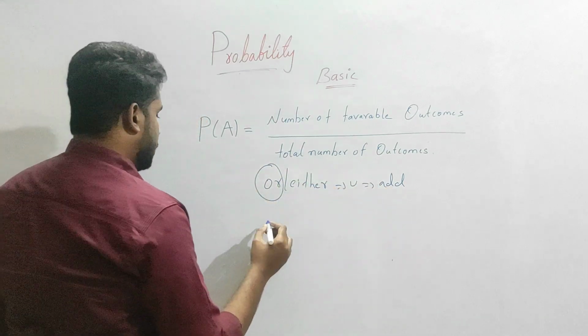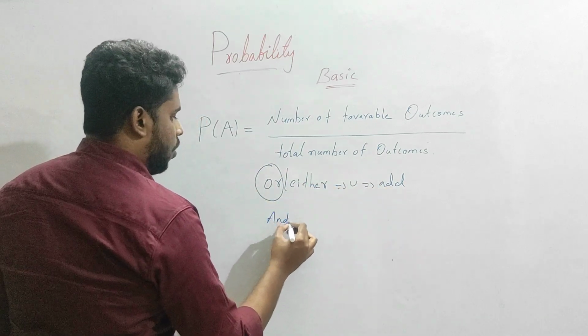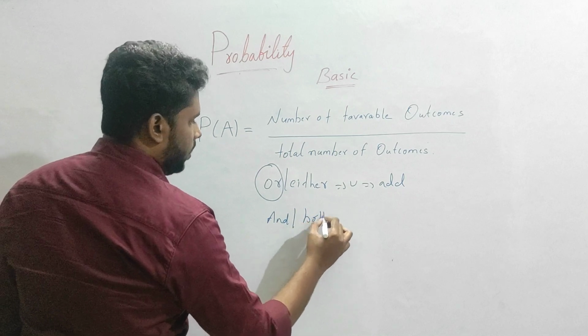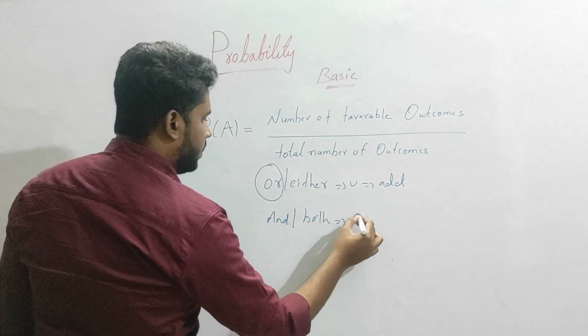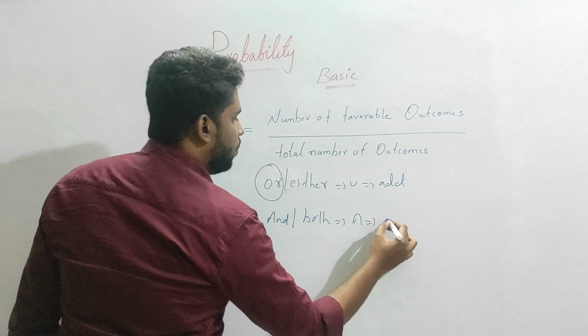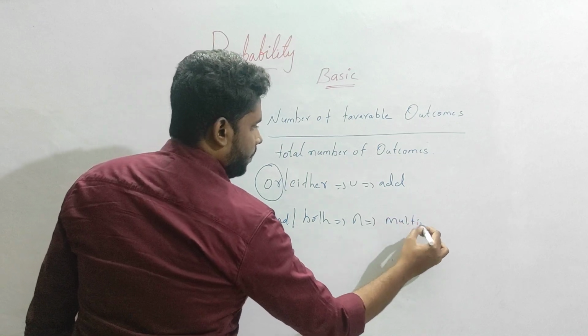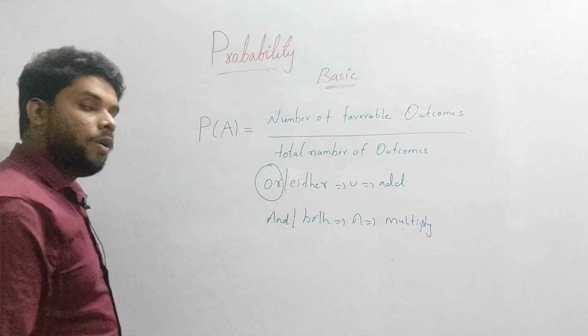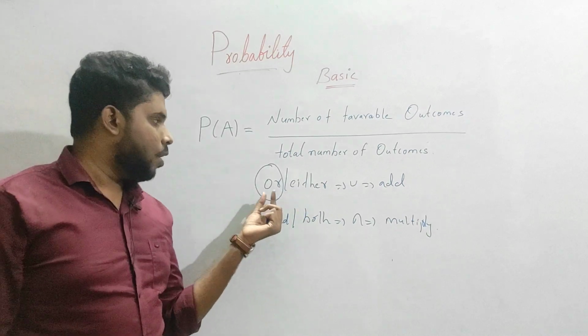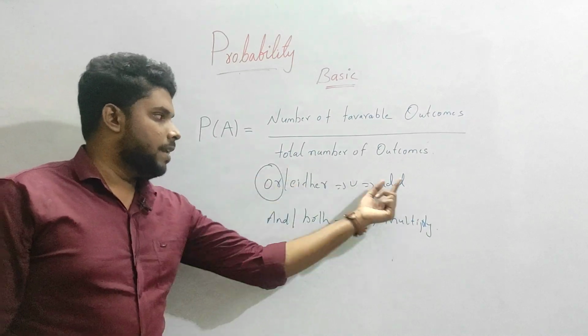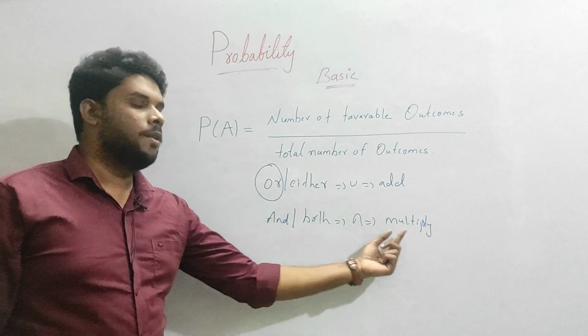If the question gives 'and', or sometimes both, in that case it is the concept of intersection and we multiply. These are two more basics of probability. Remember, or means we add, and means we multiply.